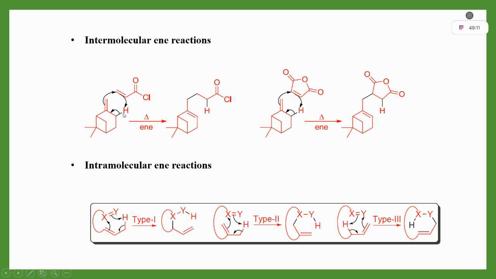This is basically a 1,5 hydrogen shift. 1, 2, 3, 4, 5. Okay. And this is your intermolecular ene reaction followed by intramolecular ene reaction. And intramolecular ene reactions can be further divided into three types on the basis of connectivity only. Okay.